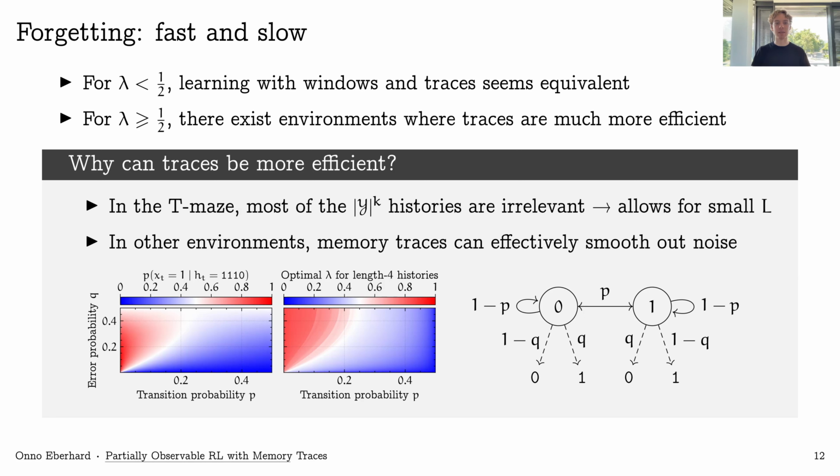For example, in this hidden Markov model shown on the right, there are two states, a probability P of transitioning and a probability Q of getting a wrong observation. If the probability P is small, so we are likely to stay in the same state for a long time, and the probability Q is large, so we are likely to get a wrong observation, then it makes sense to average over a long history of observations. So we want a large lambda, and this is exactly what we see in this case.